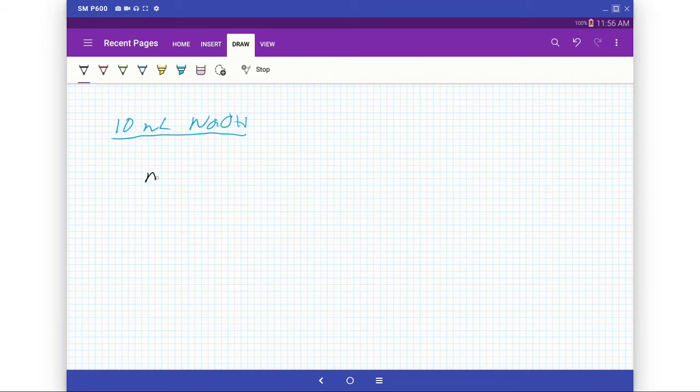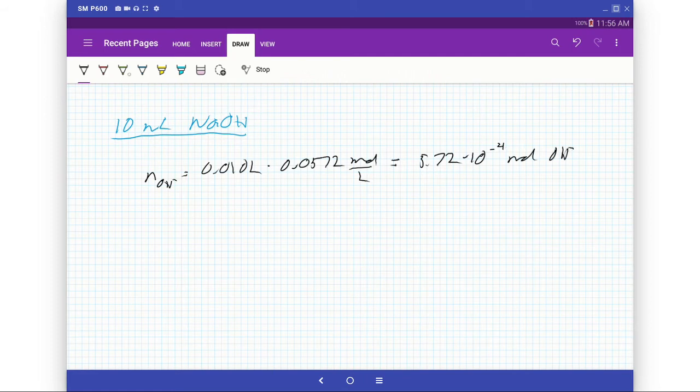Well, we need the number of moles of hydroxide, and that is the volume, 10 milliliters, times the concentration, and that gives 5.72 times 10 to the minus 4 moles of hydroxide. So we have a neutralization reaction.